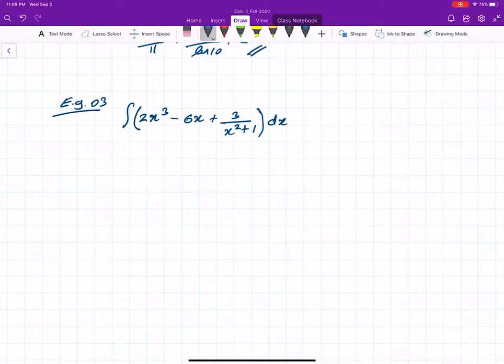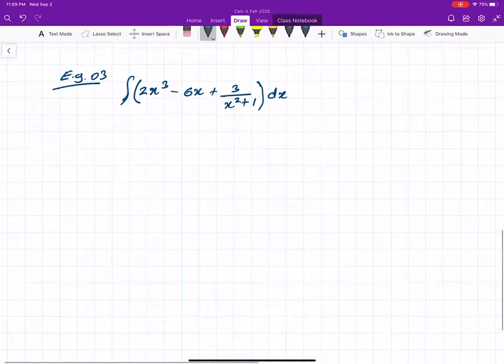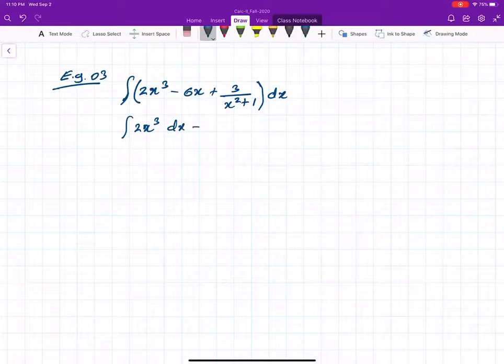Alright, so this is the next example. Here you have three functions, so you have to split this integration into each function. First write integration 2x to the power 3 dx minus integration 6x dx plus integration 3 over x square plus 1 dx.